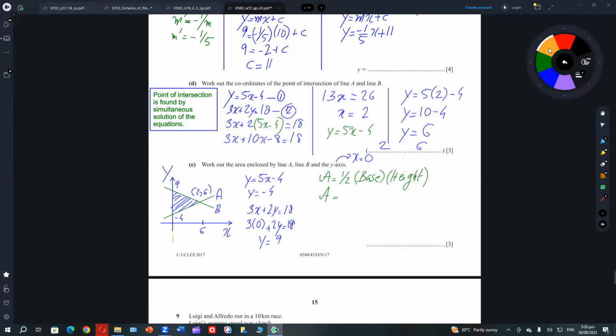I can take this 6 as the height. How can I find the base? This is the base, from -4 till 9. So how much would be the base? 9 minus -4. Yes, so 13.